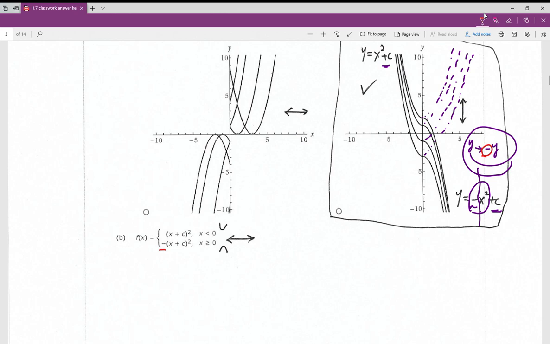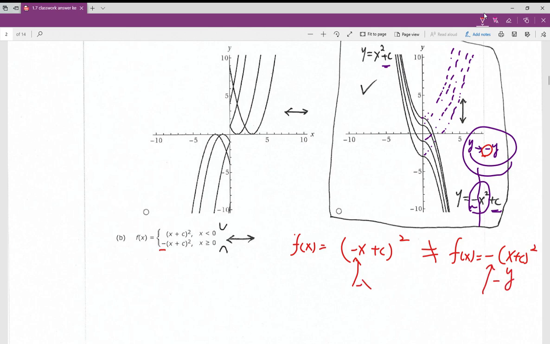Okay, so if you have a question of this type, f(x) equals negative (x plus c) squared is different from f(x) equals (negative x plus c) squared. Okay, negative for the x or negative for the whole y. This is negative x, this is negative y. Okay, so that's different.